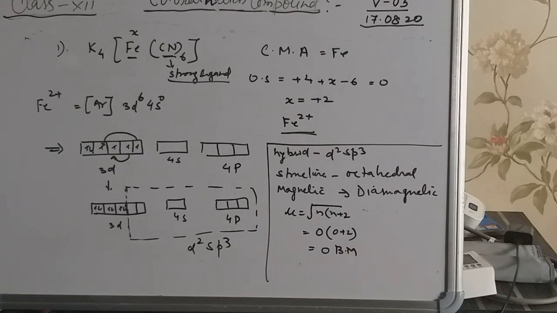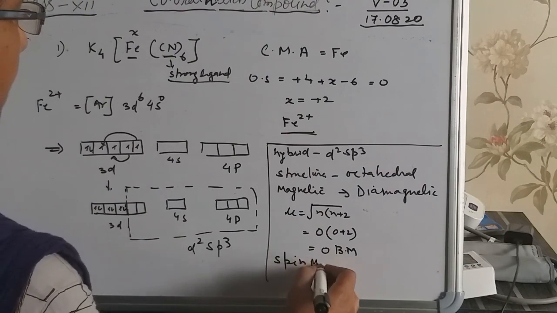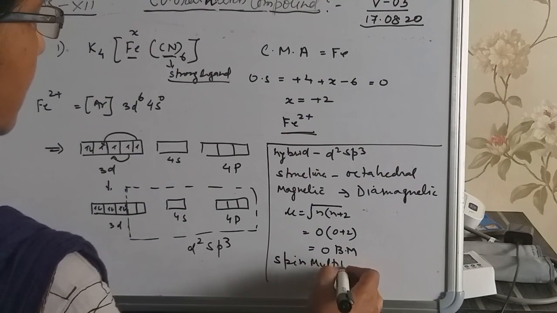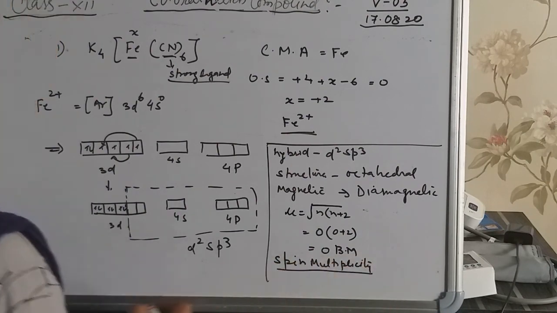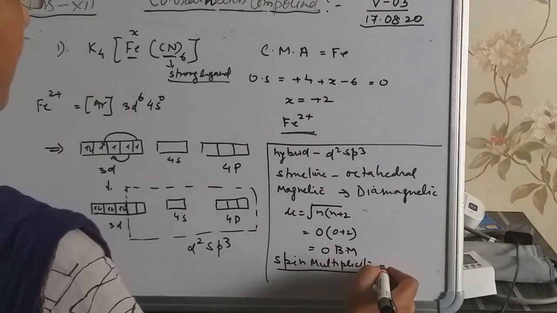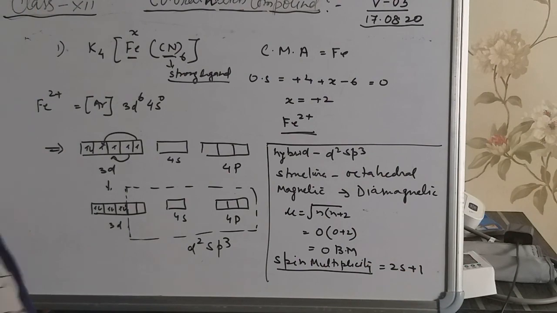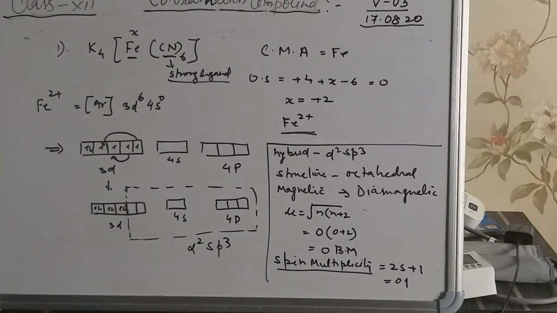And what will be the spin multiplicity? Spin multiplicity also depends on the number of unpaired electrons. Multiplicity we know is 2S plus 1 and no unpaired electron, so spin multiplicity will be 1. So in this way you can find out the information about this particular complex compound.